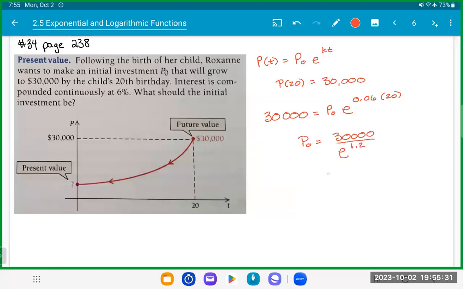When I do that, I get approximately $9,035.83. So if you invested $9,036 today, in 20 years you should have approximately $30,000 if you're getting compounded continuously at a rate of 6%.